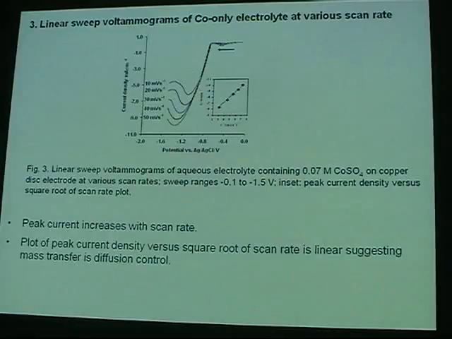This study was done to see whether the reaction is diffusion controlled or chemical kinetically controlled. We plot the peak current density versus the square root of scan rate. Normally it gives a straight line, and then we can conclude that the deposition occurs under mass transfer control. This is the cobalt only case.